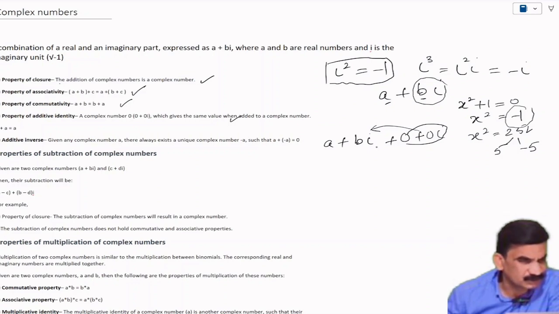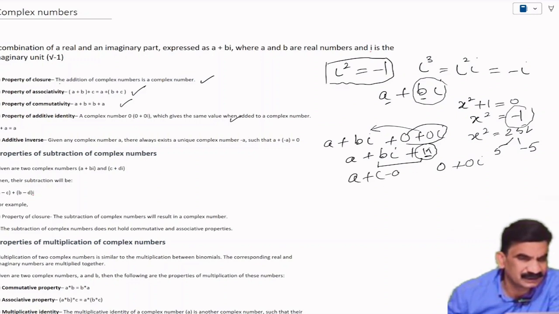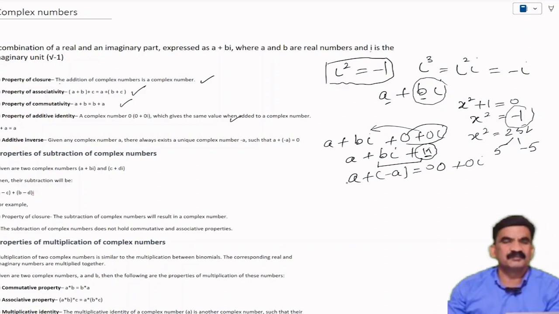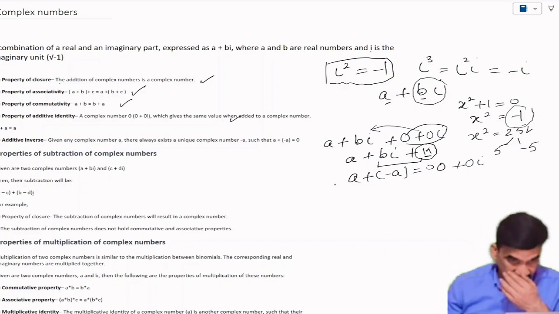Let's say a plus bi, and there's some number which is its additive inverse. So it has to be such that when these two are added, I should get 0 plus 0i. For example, in the real number case, minus a is the additive inverse of a. Just remember this. Again, we are not studying real analysis or getting into details.